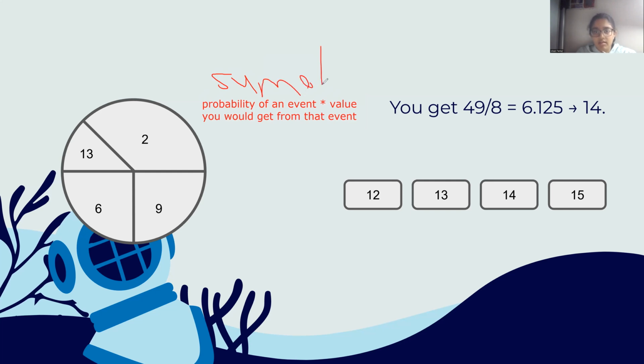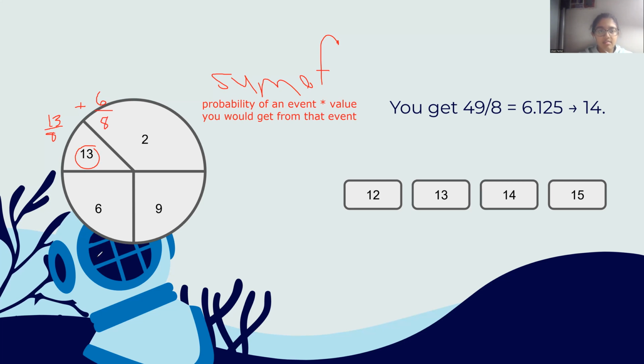So in this scenario, for example, this 13 would have a 1/8 probability because we could fill the circle up with 8 of these, right? So we would multiply that 1/8 by 13 and we would get 13/8, plus the probability of getting a 2 would be 3/8. So 3/8 times 2 is equal to 6/8.